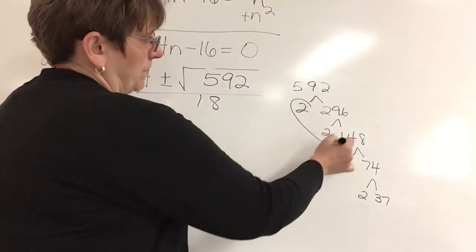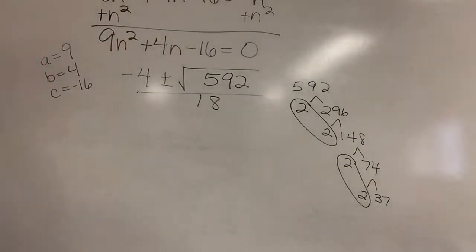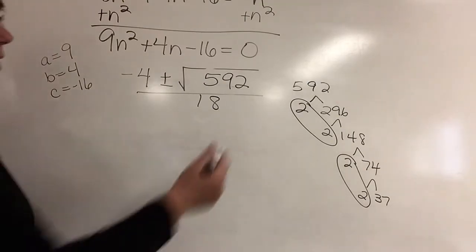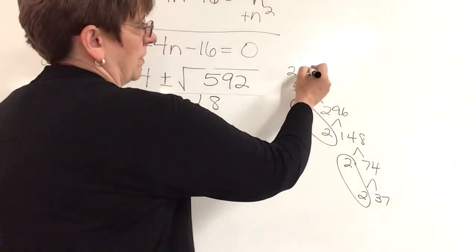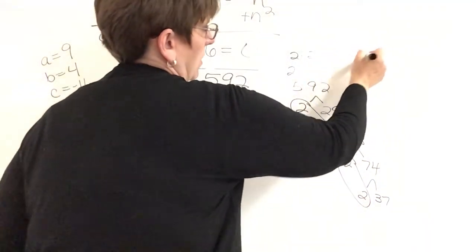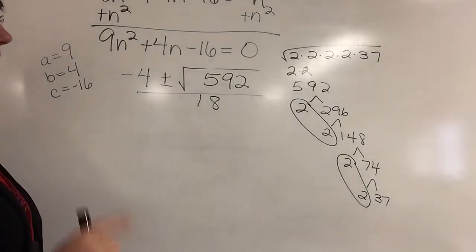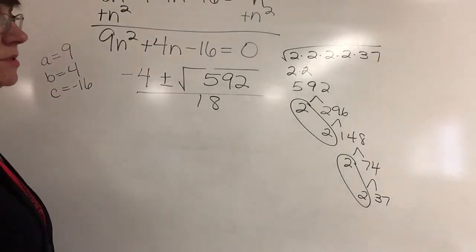So for the purpose of this, I have two pairs of 2's. So I would be able to take the square root of both of them. Okay, because here's where I'm at right now. For the square root of 592, it's 2 times 2 times 2 times 2 times 37.